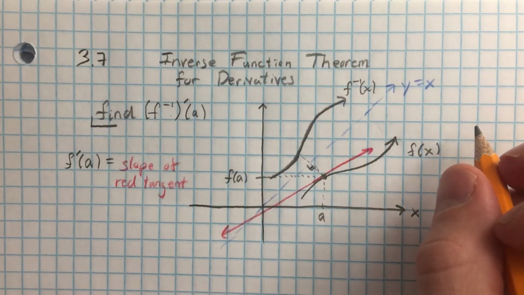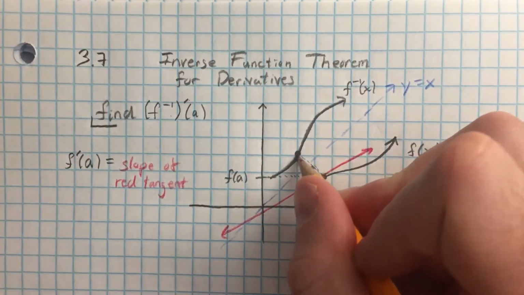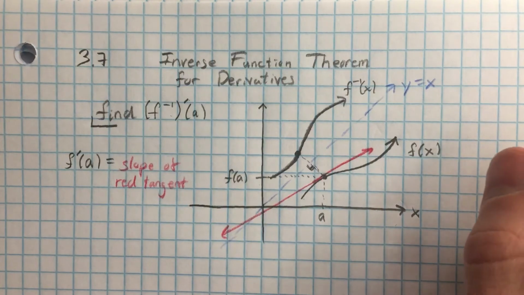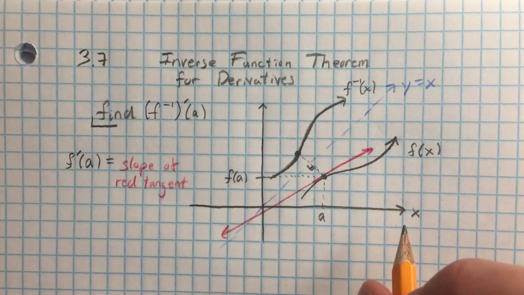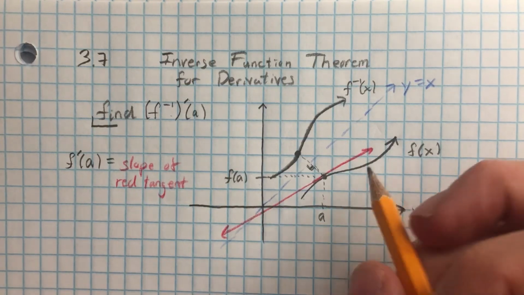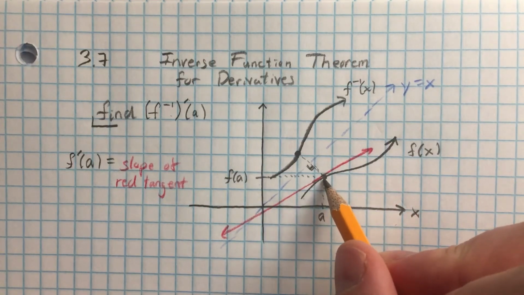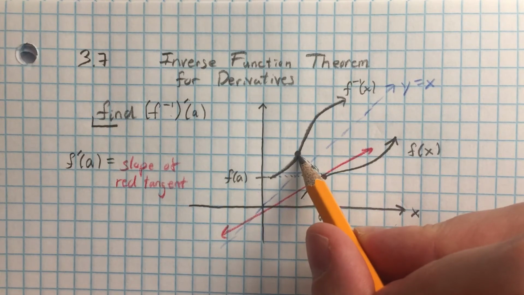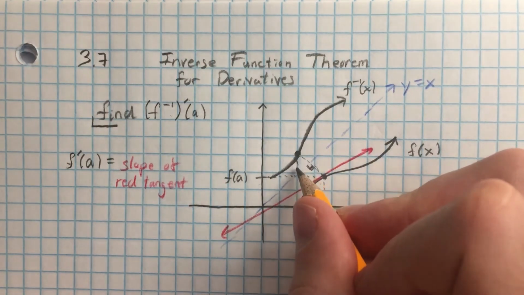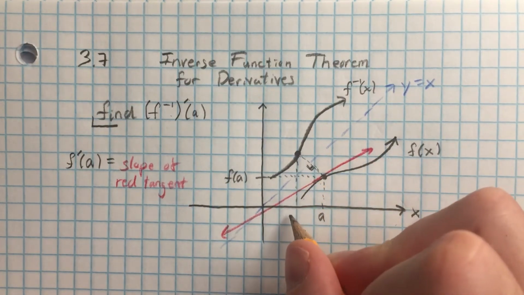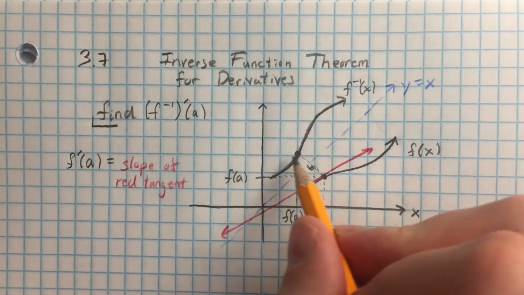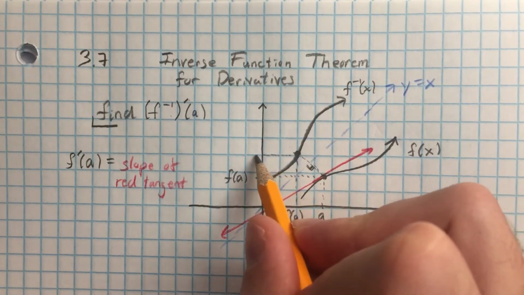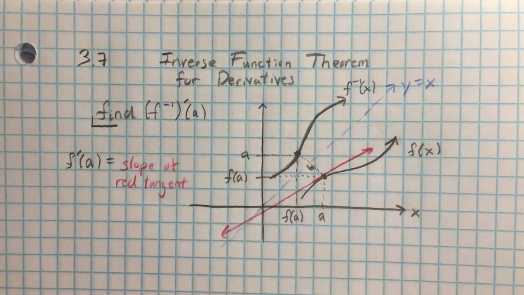You would have a corresponding point on the inverse, which would be the exact flip, the exact switch of the coordinates. So just as this point is a comma f of a, this point is f of a comma a. So down here on the x-axis is the value f of a, and over here on the y-axis is the value a.